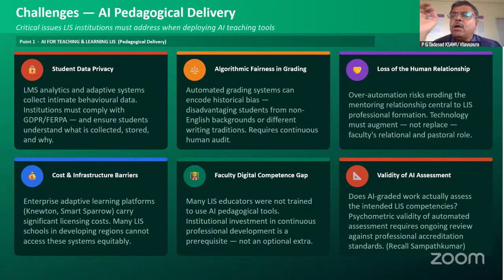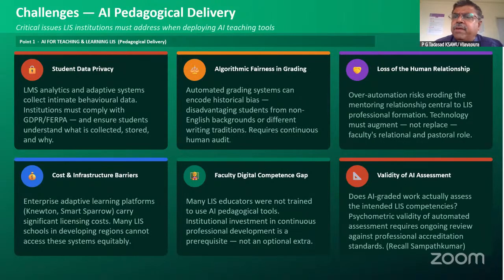The third one is loss of the human relationship in the teaching learning process. Over-automation risks completely eroding the human relationships, that of the guru shishya relationship, which we are repeatedly telling about over the 5,000-year history. In this kind of a system, there could be a loss of human relationships.